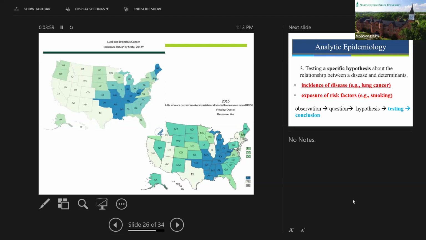But a hypothesis is a hypothesis. What is the meaning of a hypothesis? Is it already proven or not? Not proven. So smoking causes lung cancer is not a fact yet.